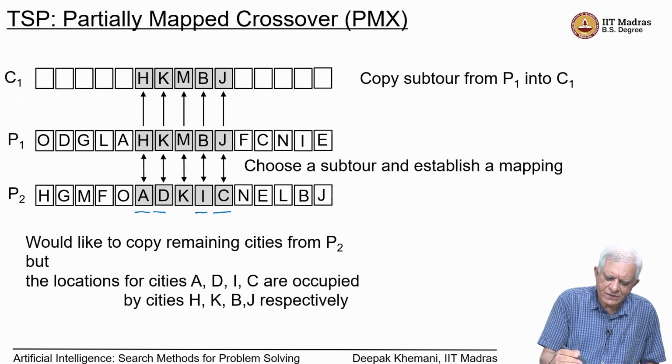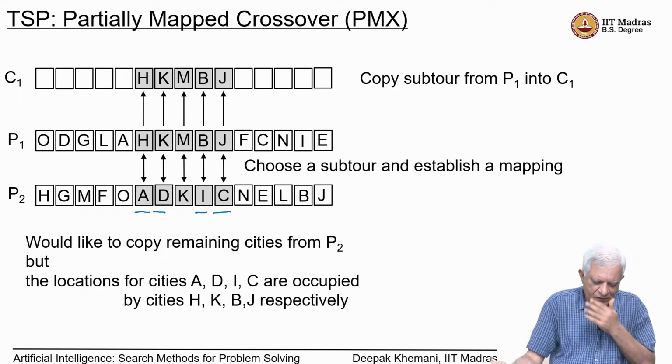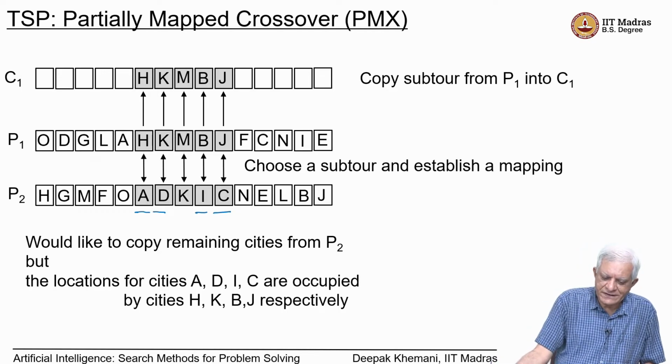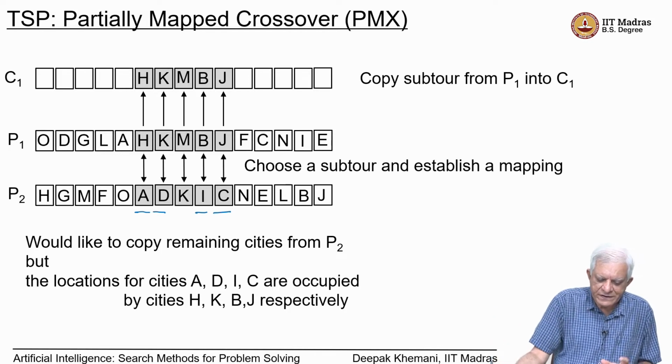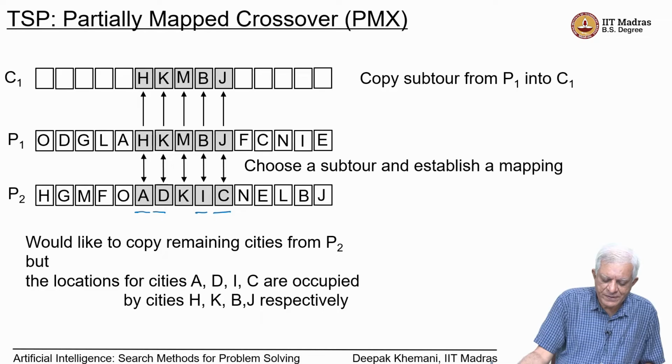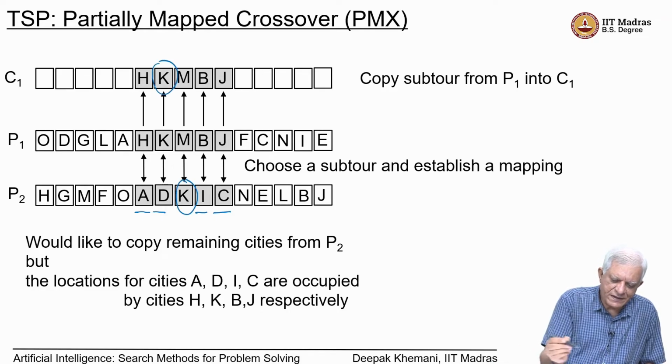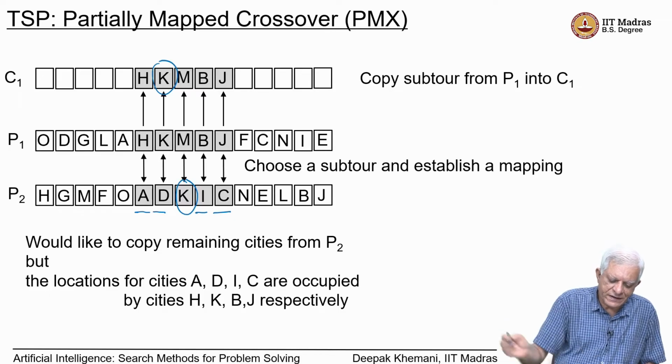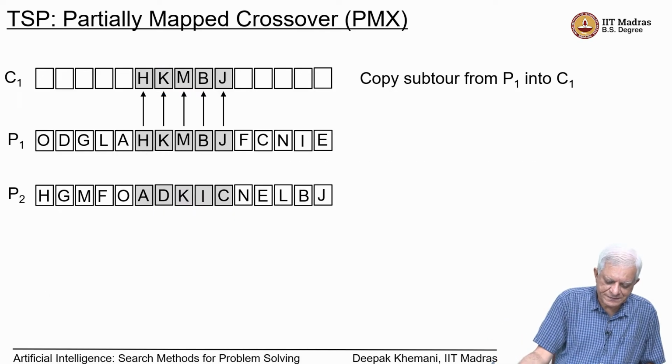We do not have to worry about K, because K has already found a place in child 1, as it was present in this subtour of parent 1. But for A, D, I and C we want to find locations.